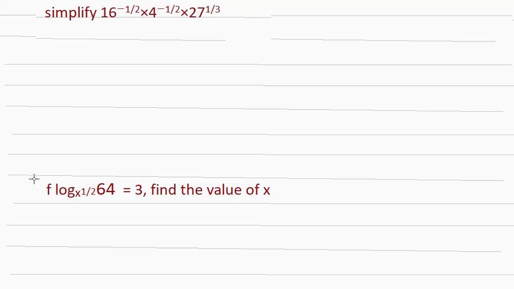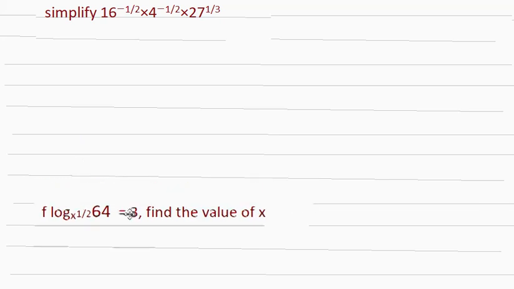All right, here we go. So I'll still need to take this particular question down. We have another indices question: 16 raised to the power of minus 1 over 2 times 4 raised to the power of minus 1 over 2 times 27 raised to the power of 1 over 3.